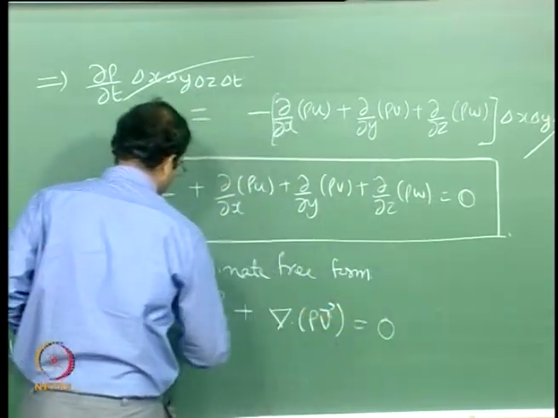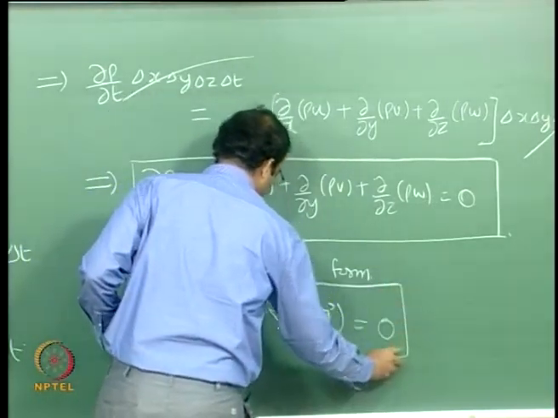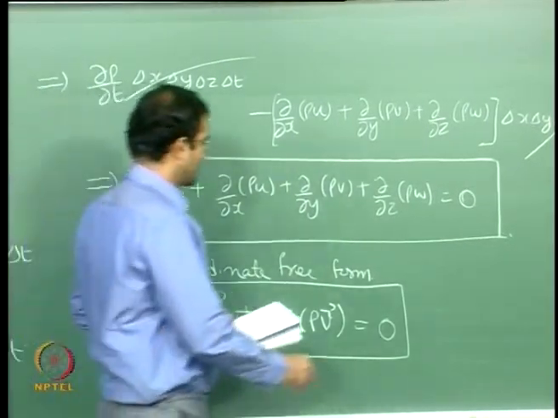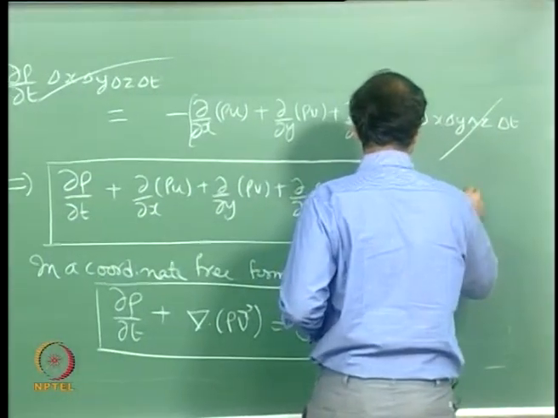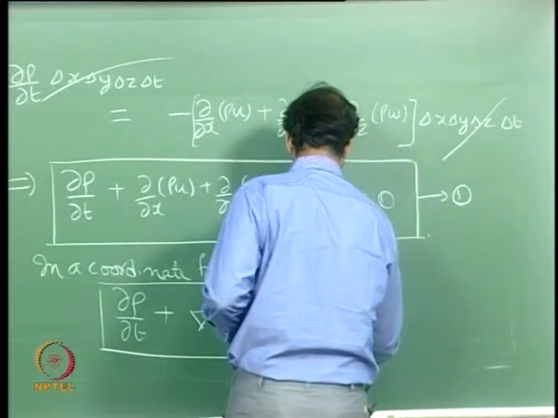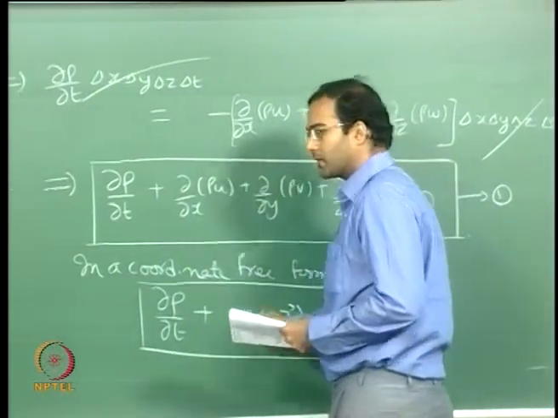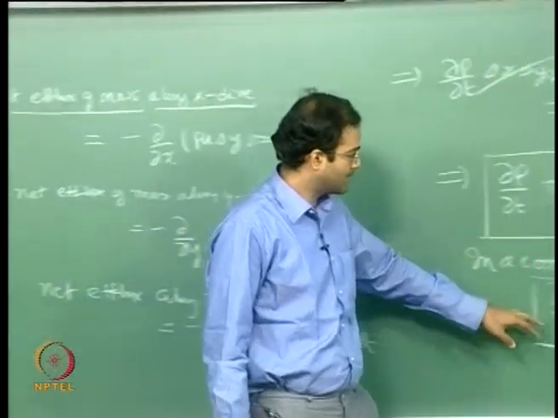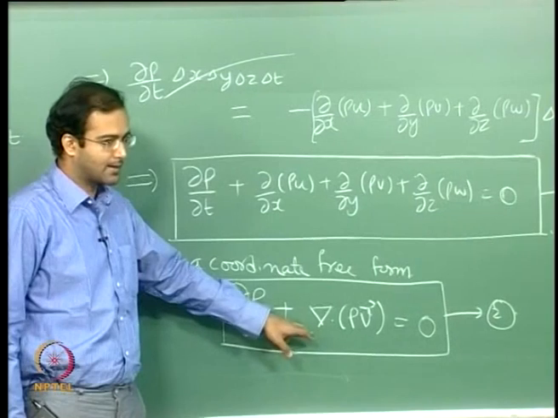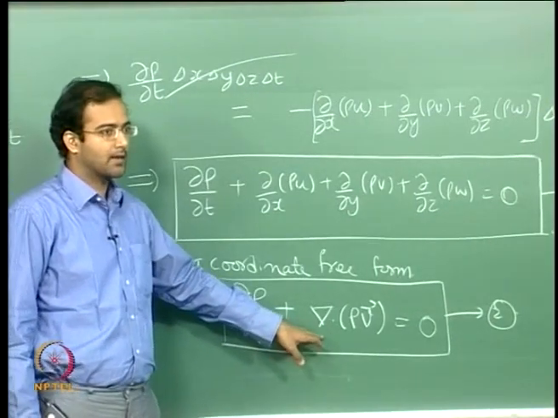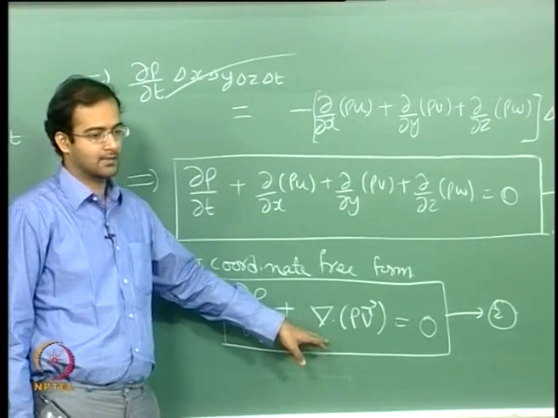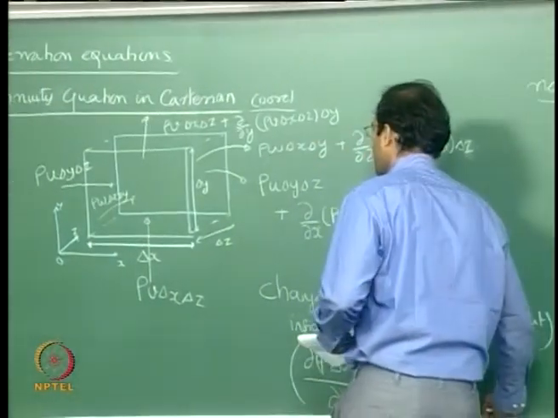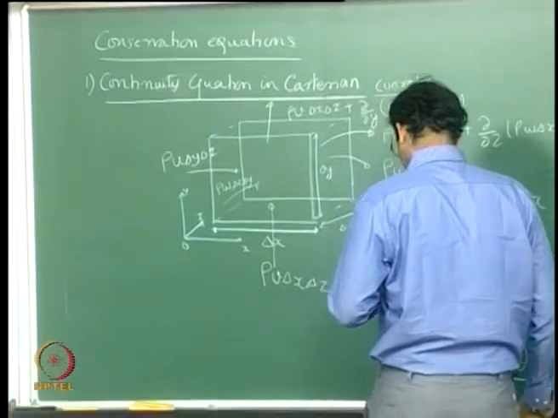Therefore in a coordinate free representation you can express the continuity equation in this particular form. Let us call this equation 1 and this equation 2. So you can use the divergence operator in any coordinate system, whether it is Cartesian, cylindrical or spherical, and expand it to that particular coordinate system. That is one way of simply writing down the equations in that particular coordinate system.